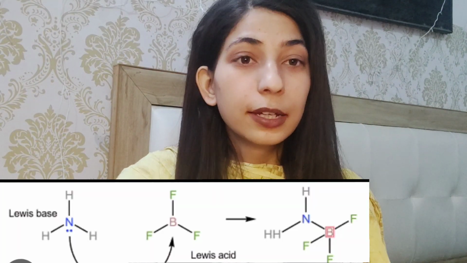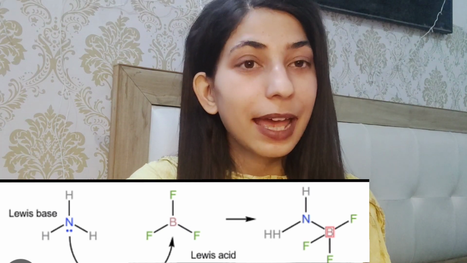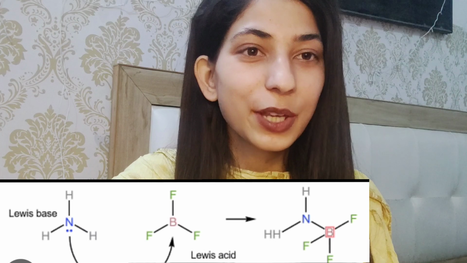Now let's come to the third theory, which is again a major one. We call it Lewis theory and it came in the year 1923. It defines acids as electron pair acceptors and bases as electron pair donors. Let's take an example here also. When boron trifluoride, BF3, reacts with ammonia, BF3 acts as a Lewis acid and ammonia acts as a Lewis base.